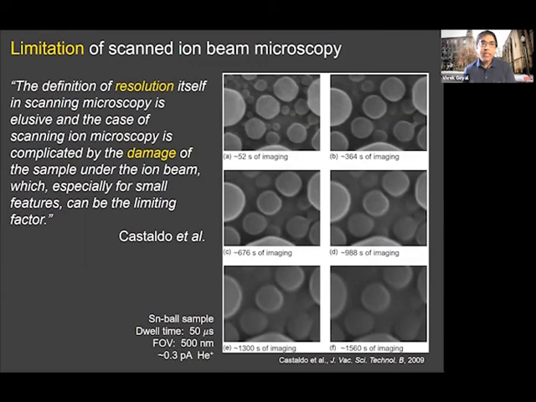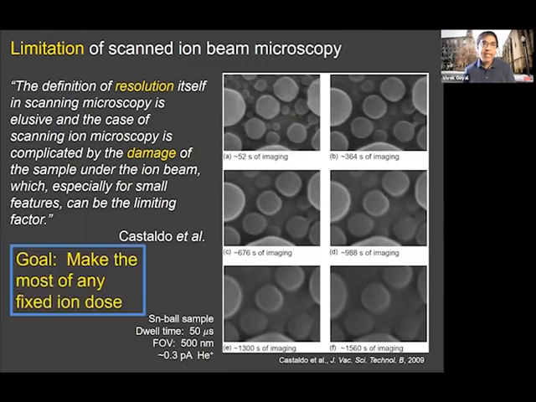The main point is to say that there's really great motivation to reduce the acquisition time in helium ion microscopy, because the damage that's happening to the sample through the measurement process is often what's limiting resolution.